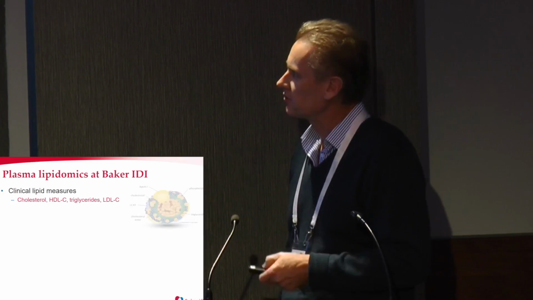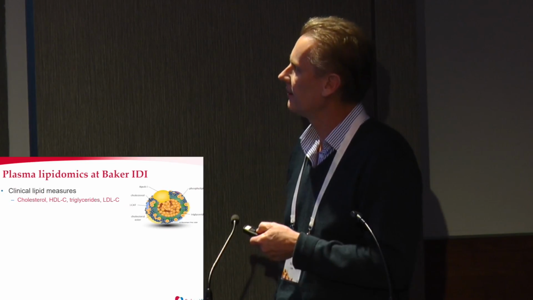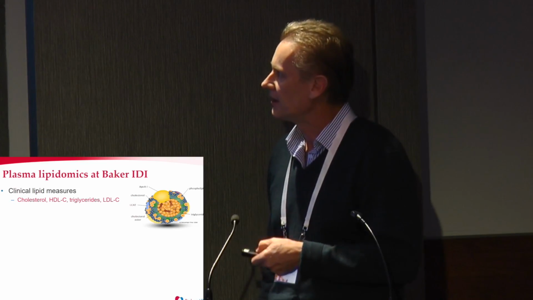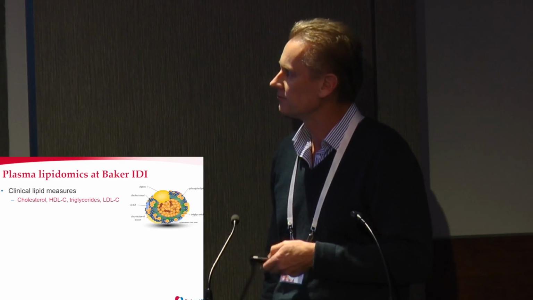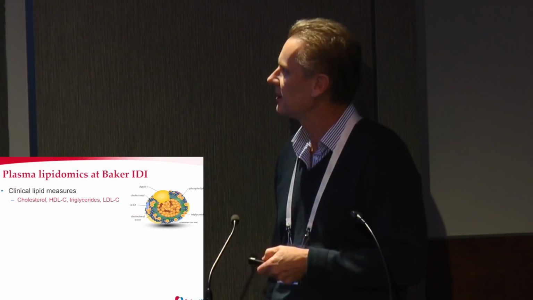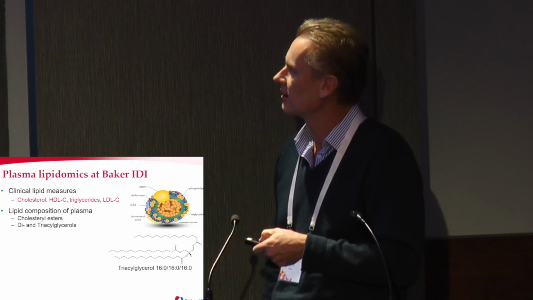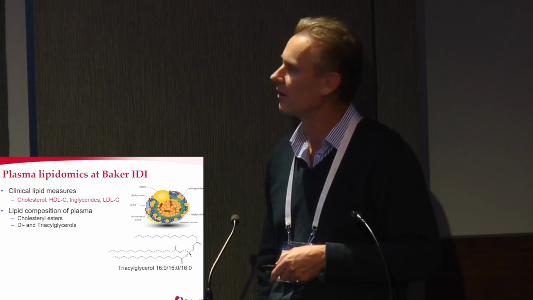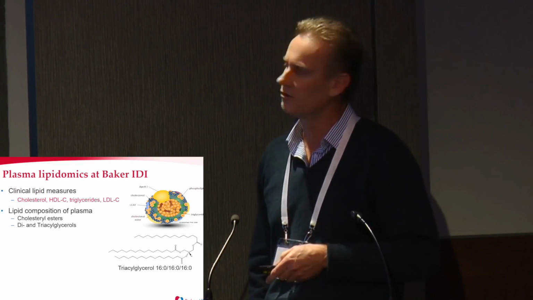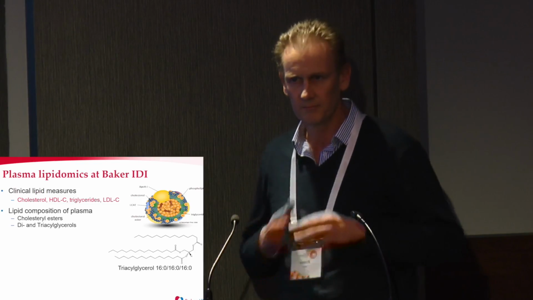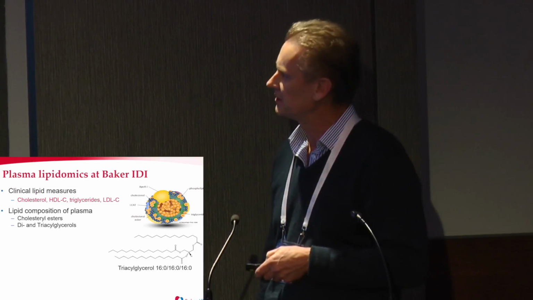But of course what we need to remember is that these measures of cholesterol and triglycerides are derived from lipoprotein particles. And within these particles, the composition of lipids, so the cholesterol esters and triglycerides, are essentially on the hydrophobic interior of the particles, but on the exterior of these particles are many hundreds of different lipid species.